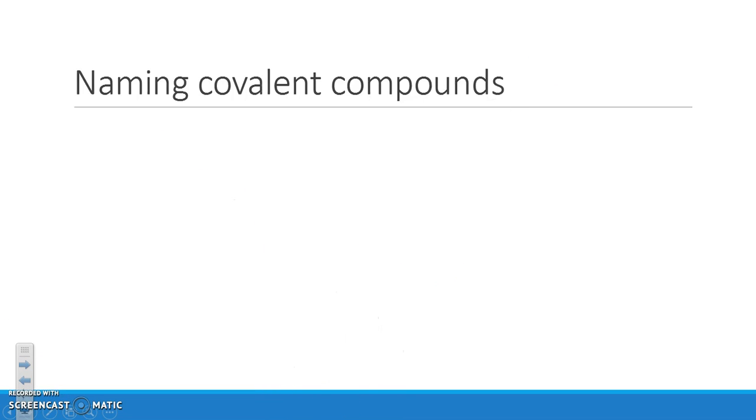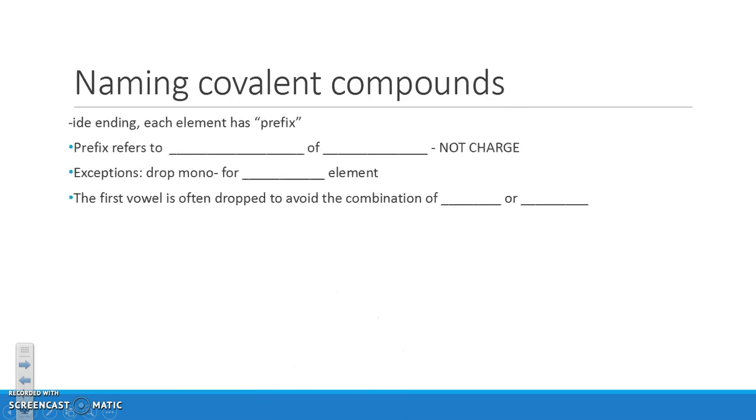Naming covalent compounds. So how in the world do we name these things? When you name them, you have to have the IDE on the end, just like you do when you name an ionic compound. And each element is going to have a prefix on it. Remember, a prefix is what comes before the word, and the prefix is going to tell us the number of atoms.